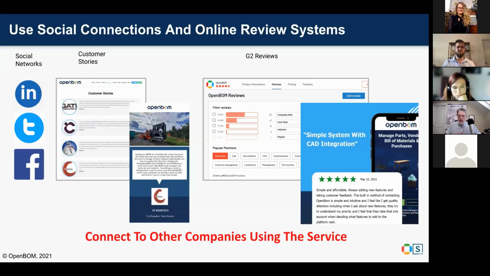So all together, that creates a connected environment, not only for the OpenBOM product, but also in the ecosystem and the network of people that are using OpenBOM, and also people that are looking for a solution.